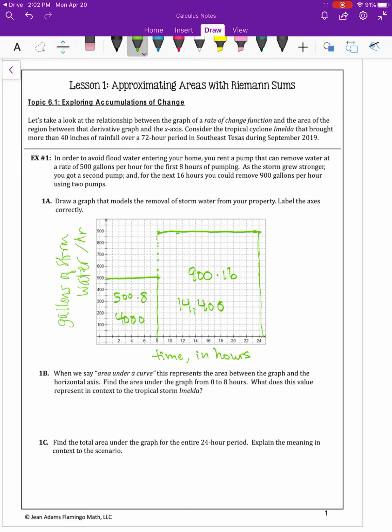Now think of gallons of stormwater per hour. That is a rate, okay?